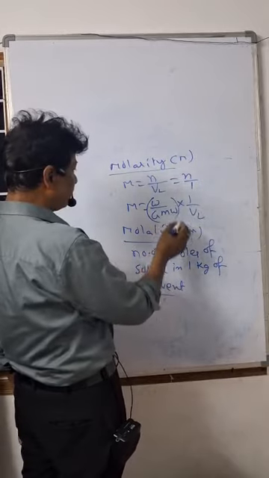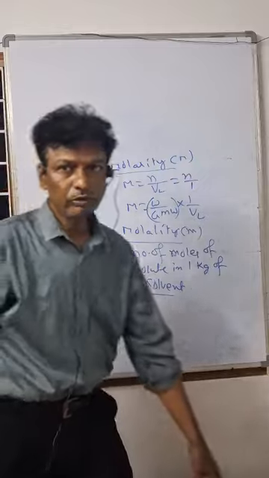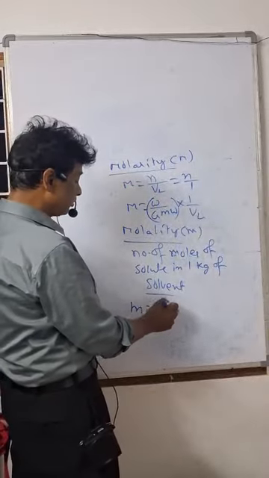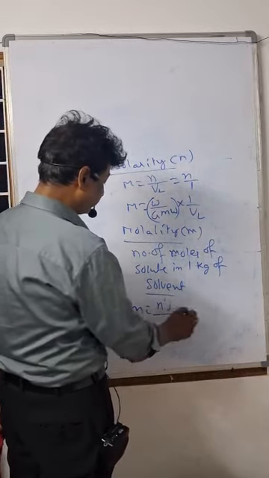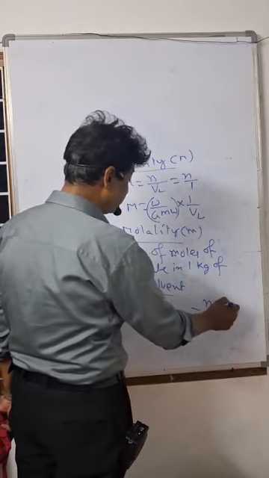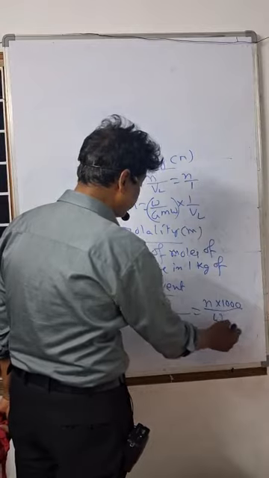Try to understand the difference. So molality is equal to number of moles by weight of solvent in kilograms, or number of moles into 1000 by weight of solvent in grams.